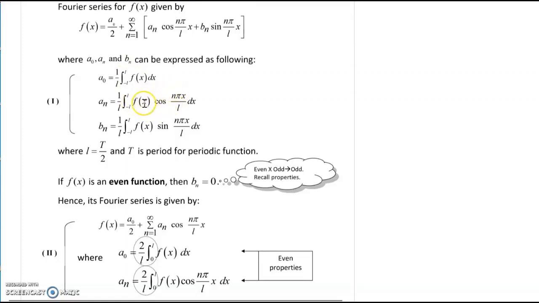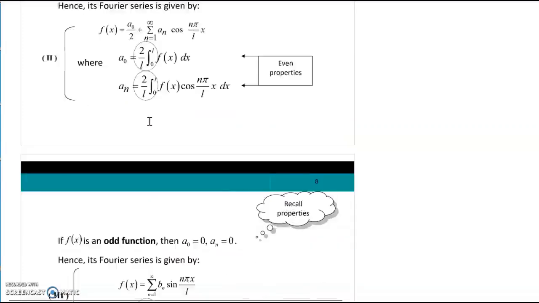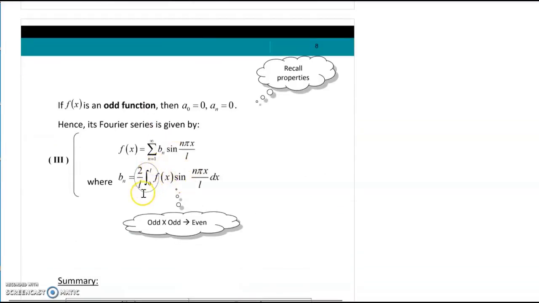Again the whole thing will be odd, so the integral from negative L to L is 0. But for the bn it is not 0, because f(x) is odd times the sine which is also odd, so odd times odd will be even. So the whole thing will be even, and the integral from negative L to L for the even function will be equal to the integral of the half part, but multiplied with the 2. This is formula number 3.